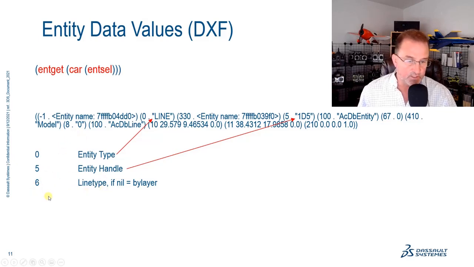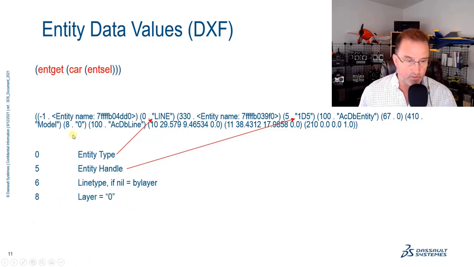So if that doesn't exist, then the default for this line would be to associate the line type by layer. So notice sometimes when we have things missing like line type or color or things like that, then the default is to take on the parameters or the settings that are in the layer for that object.